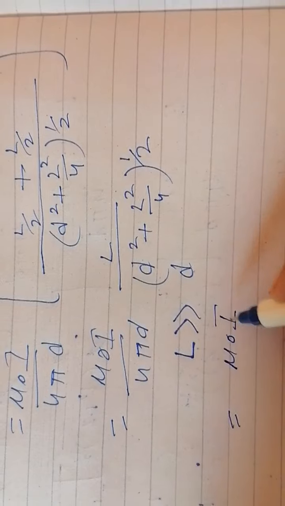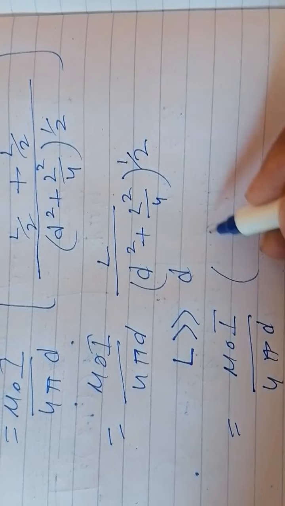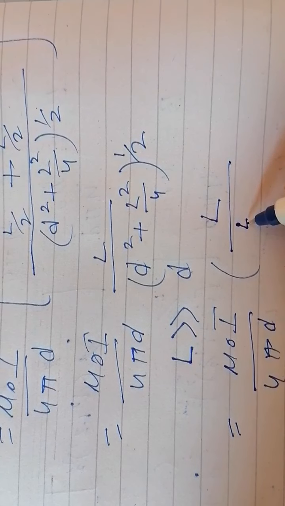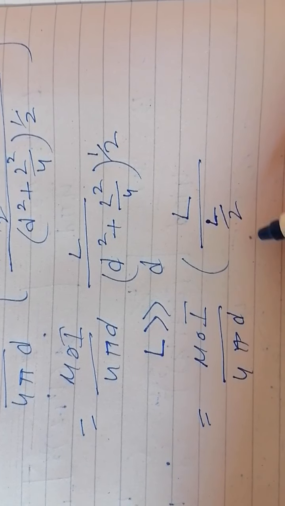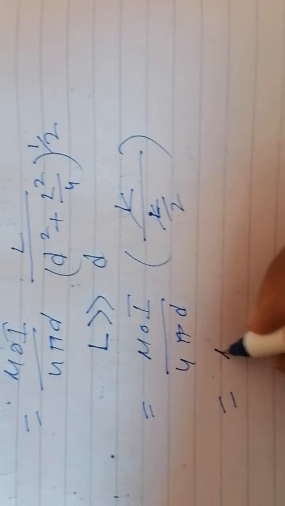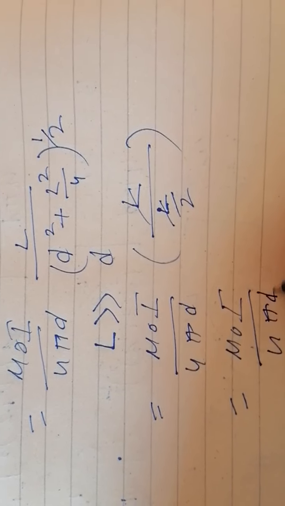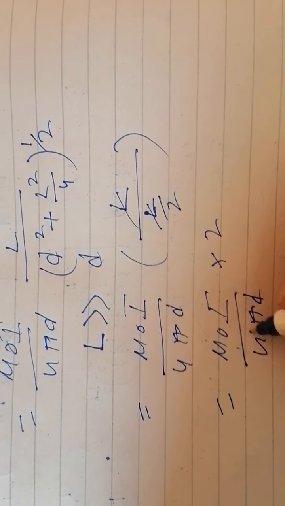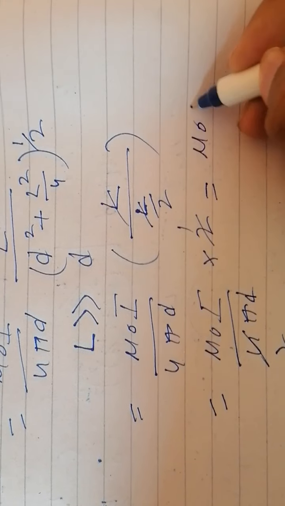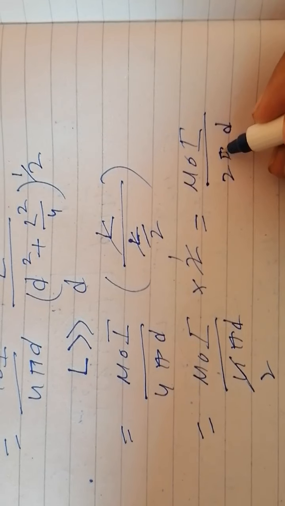So this will be equal to mu naught I over 4 pi d, and L by L by 2, so L will be cancelled, and this will become mu naught I over 4 pi d into 2, this will become 1 by 2, and this will become mu naught I over 2 pi d.